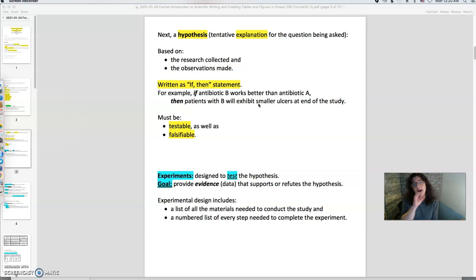The design of your experiment is a list of all materials and a numbered list of all methods that you're using in sequential order, such that someone else could presumably repeat your experiment and get data that is very similar to your own data.